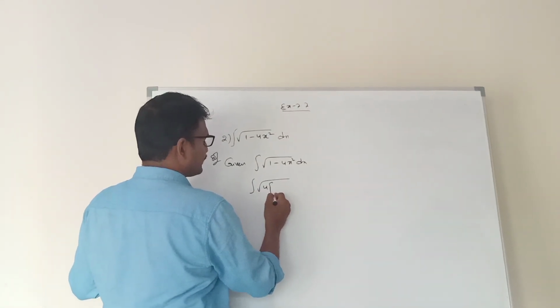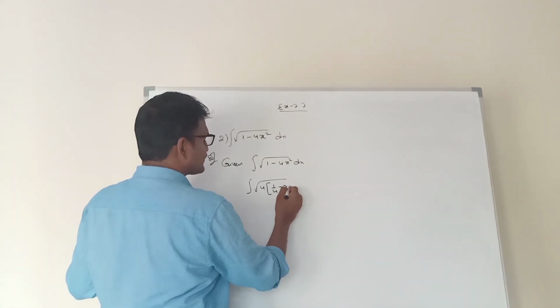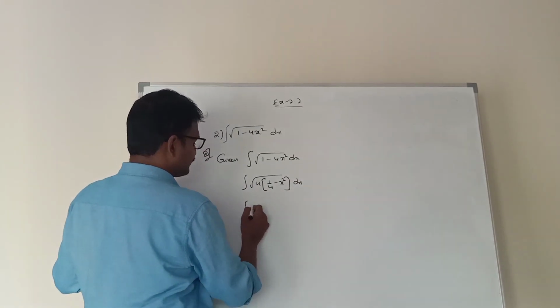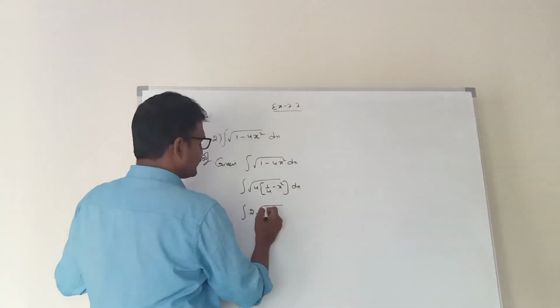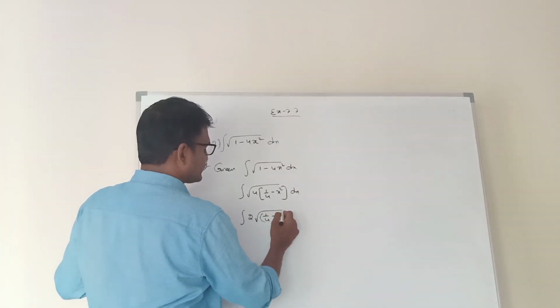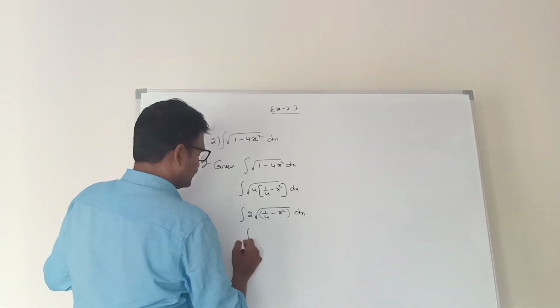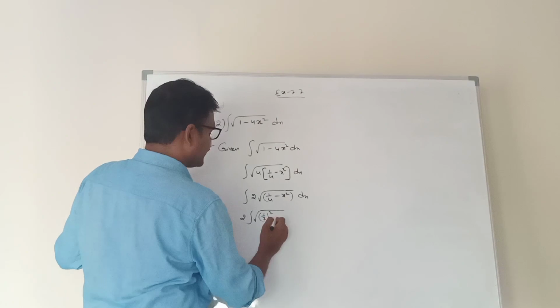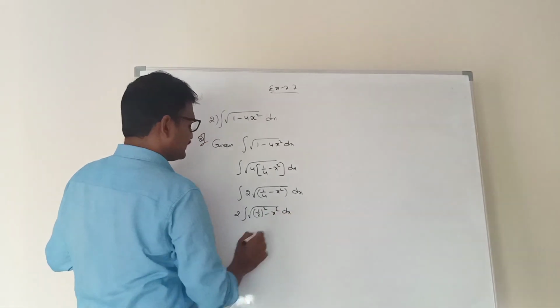If you take 4 common, you will get 1 by 4 minus x square into dx. Root 4 means 2. 2 into root of 1 by 4 minus x square dx. 2 into integral of 1 by 4 means 1 by 2 whole square minus x square dx.